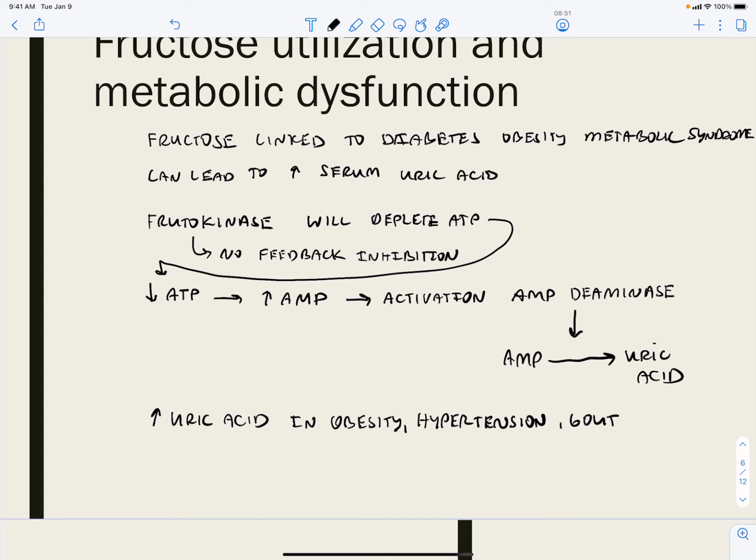So again, it's important to understand that fructose, when it is part of your diet, it has to be metabolized. It's sort of almost a feed forward because your fructokinase is not regulated. And so it's going to keep making fructose 1-phosphate. And it's going to keep adding those phosphates to fructose, and that's going to increase AMP, and that's going to activate the destruction of AMP into uric acid.